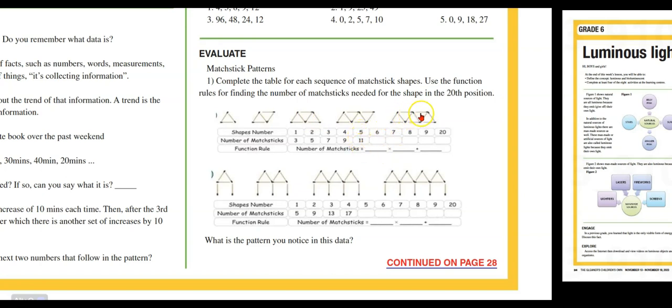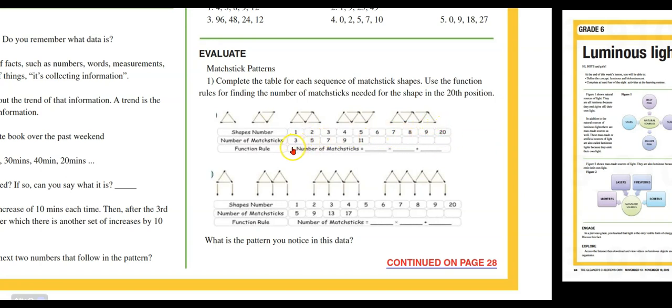Now let's look: 1 to 3, 2 to 5, 3 to 7, 4 to 9, 5 to 11. And we should continue, after 9 we have 10, 11, 12, up to 19, and then 20.